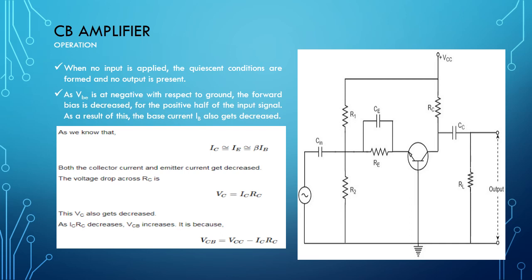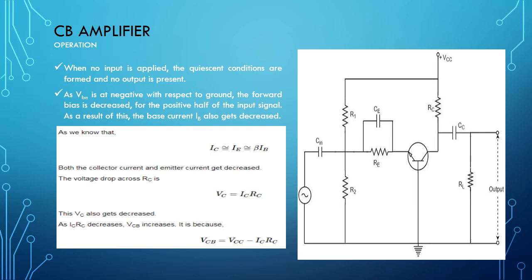And the output we are taking at the collector terminal, and the drop across the collector resistance RC is VC equal to IC RC. So as IB decreases, IC also decreases. Then the output between the base and the collector, that is VCB, we can write as the biasing voltage VCC minus IC RC.